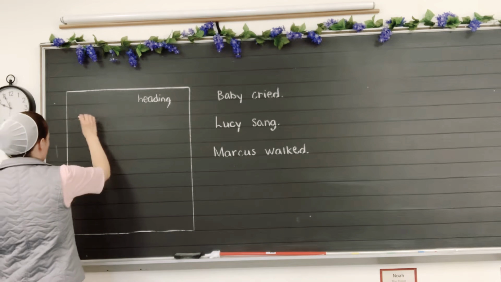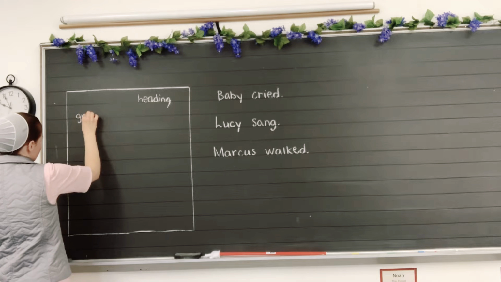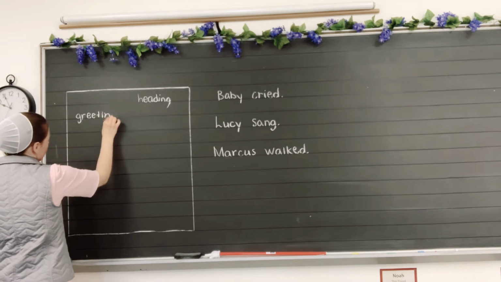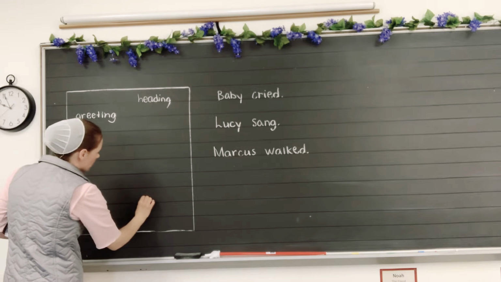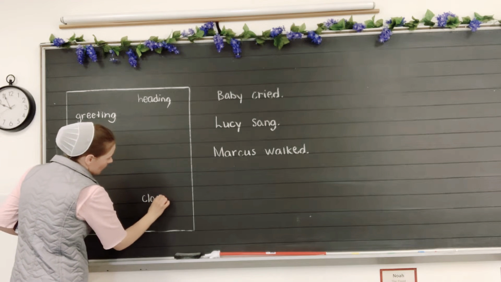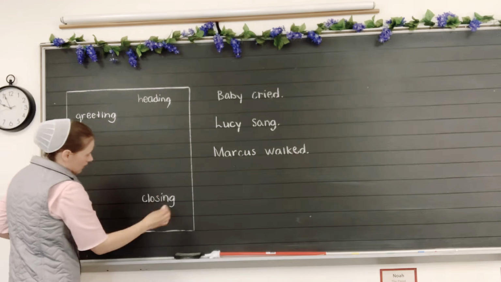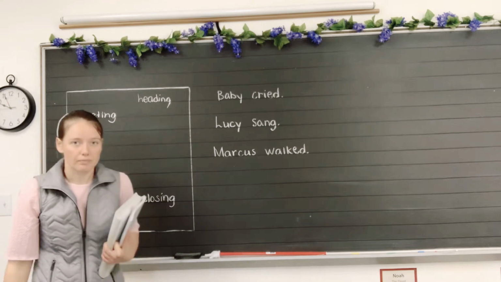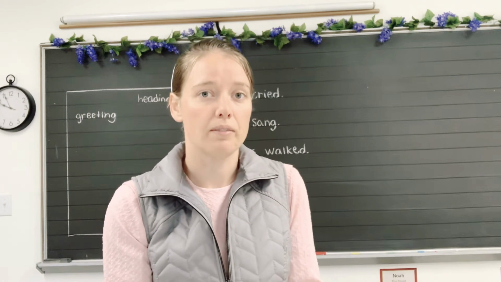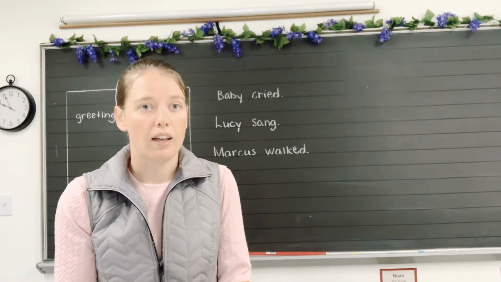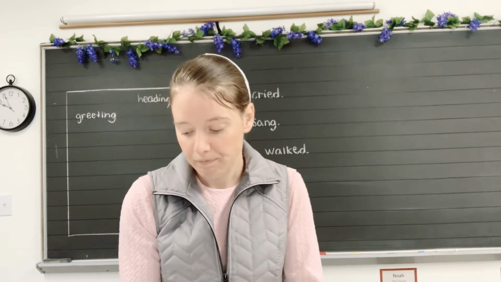And then here we put the greeting, and this will be the body, and this is the closing down here then, and also the signature. Okay, and so remember that you put commas after the heading and the greeting and the closing.